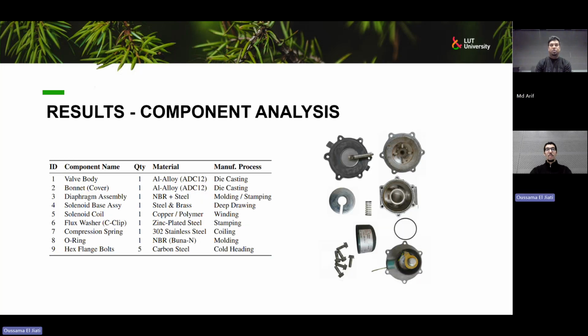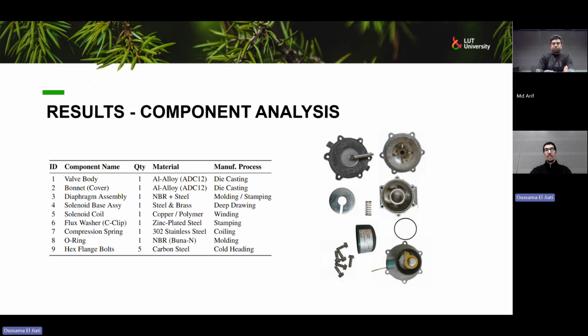Thank you very much. So moving on to the results of our teardown. On the right here, you can see the complete exploded view of our valve. And we also structured the bill of materials by breaking the main systems down into their individual manufacturing components. So first we have the pressure vessel, which includes the die-cast valve and bonnet, items 1 and 2.